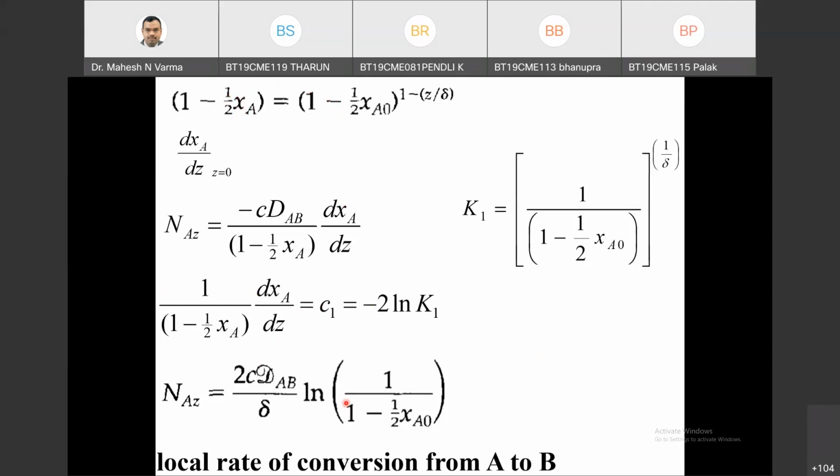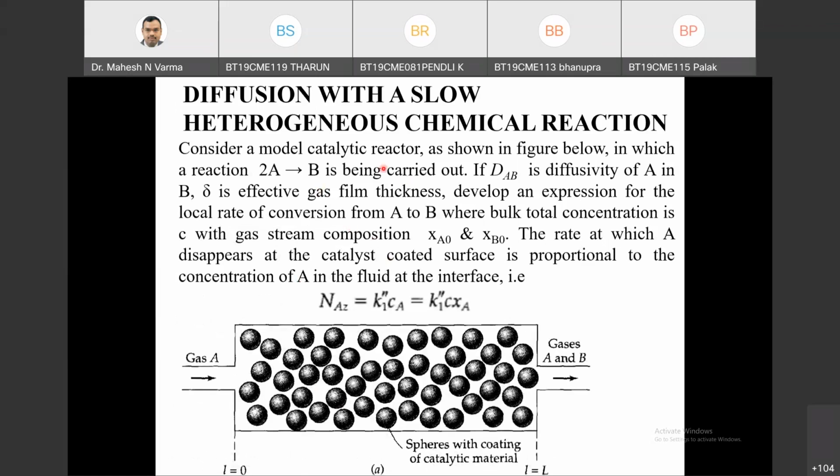Now the second one, if the reaction is not fast, but is given by this equation. This is not exactly a kinetic constant, but you can correlate it to the kinetic constant. Instead of rate, I am discussing flux.